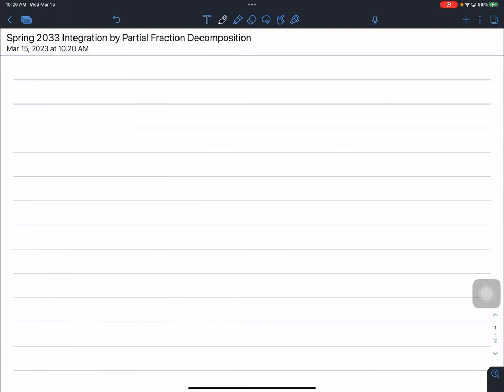All right, ladies and gentlemen, we're going to look at some integration by partial fraction decomposition. So, for example, again, just like yesterday, as I introduced this to you guys already, we have x plus 4 times 2x minus 1.